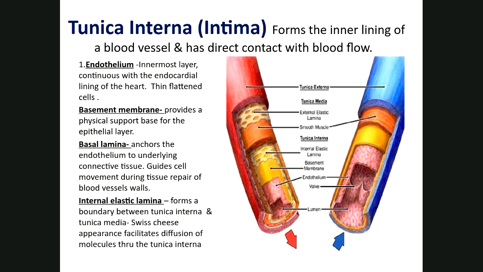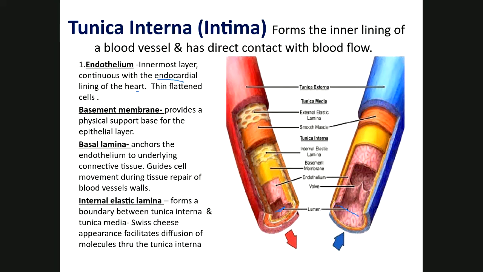So the tunica intima forms the inner lining of the blood vessels, and this is what has direct contact with the blood flow itself. You can see it right here, how it's larger in the vein and smaller in the artery. Within this, it has the endothelium layer, which is continuous with the endocardial lining of the heart.